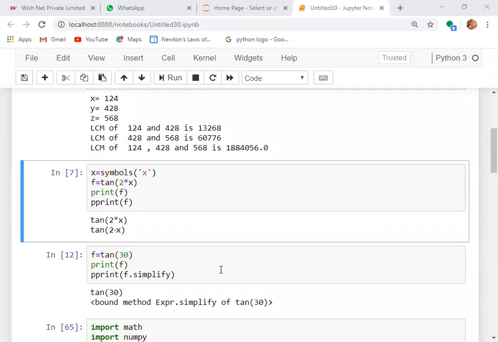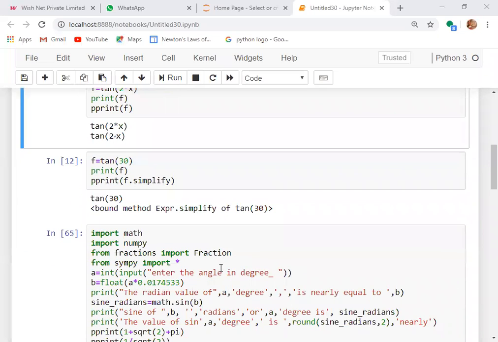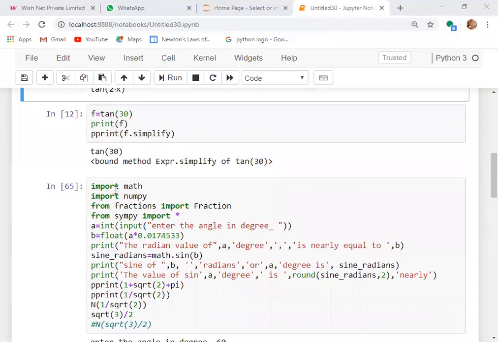Now today we also learn how the sine and cos values, all the trigonometric values, can be easily found with the help of Python programming. In order to do that, we have to import different libraries from Python.